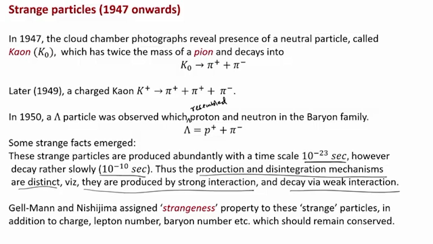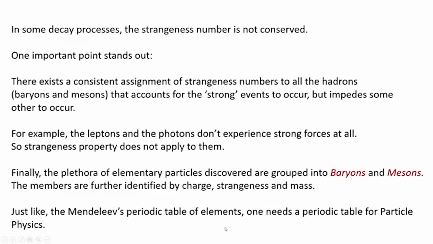In keeping with the name strange particles, Gell-Mann and Nishijima assigned a strangeness property to these particles, and in addition to charge, lepton number, baryon number, etc., which should remain conserved, the strangeness number also needs to be conserved in a decay process.